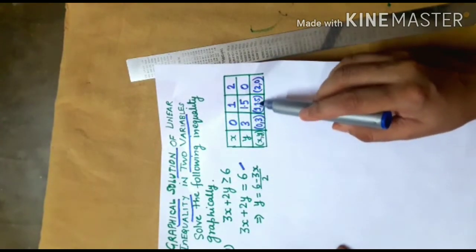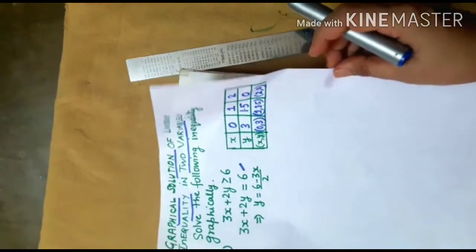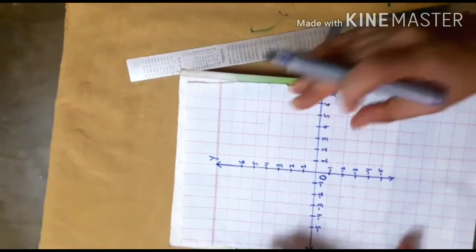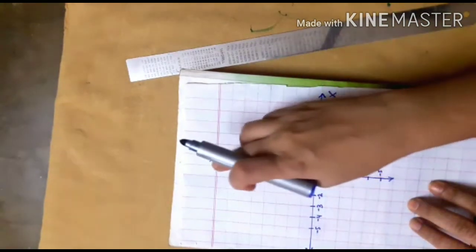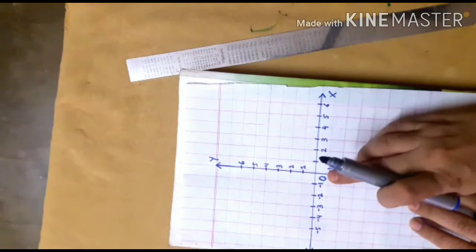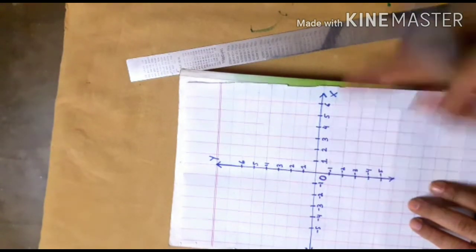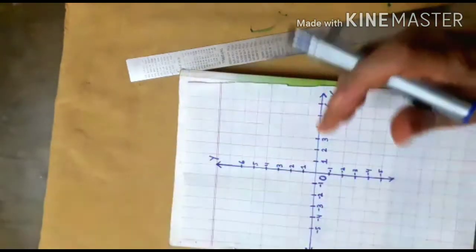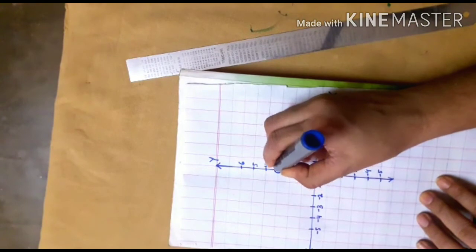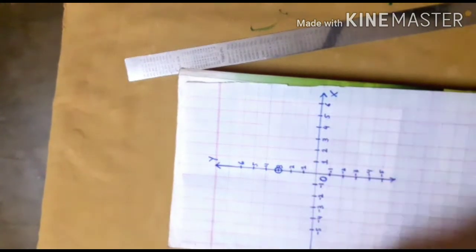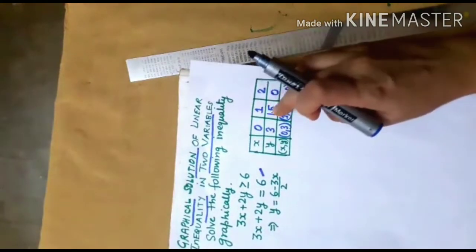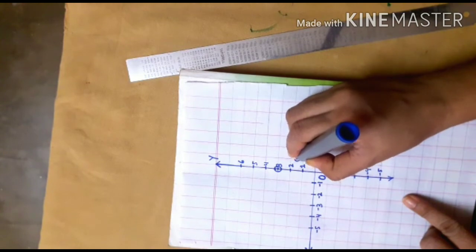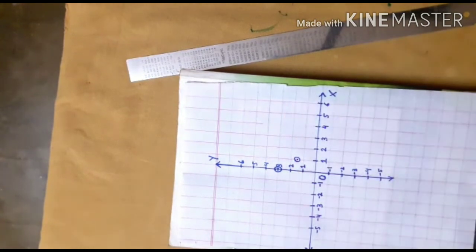Now I'll plot these ordered pairs on the graph paper. This is the Cartesian plane, with mutually perpendicular axes, the x-axis and y-axis. This is the point of intersection, the origin. The first ordered pair was 0, 3, so this is the point 0, 3. The next ordered pair was 1, 1.5, and here I'll get 1, 1.5.